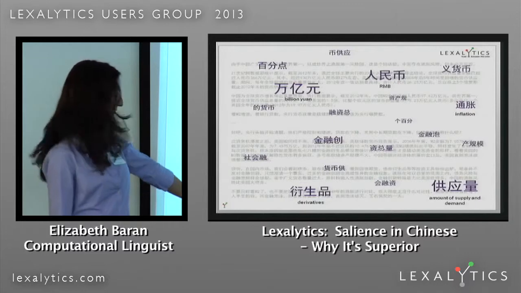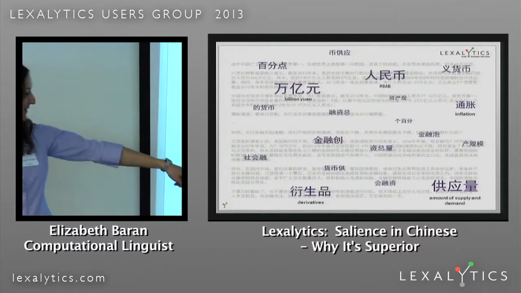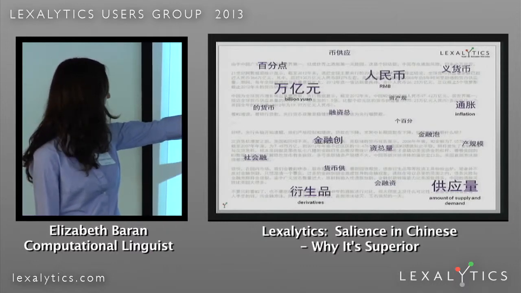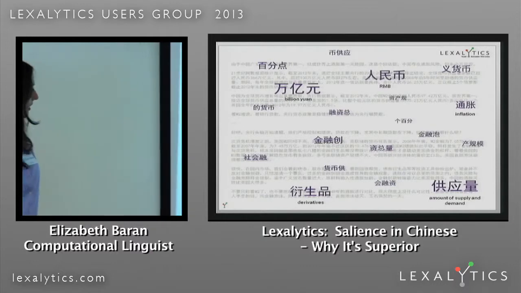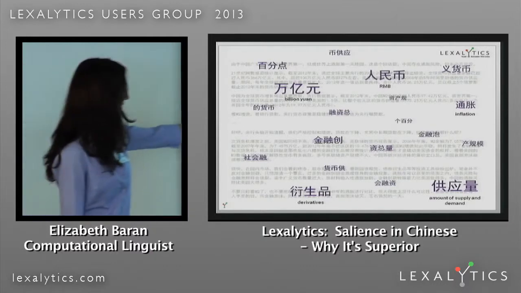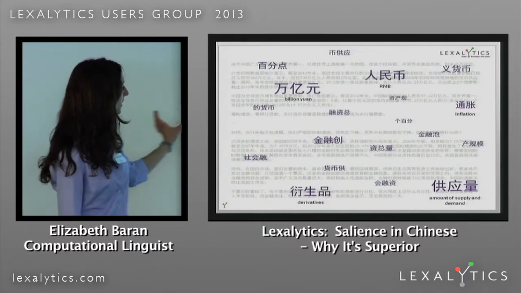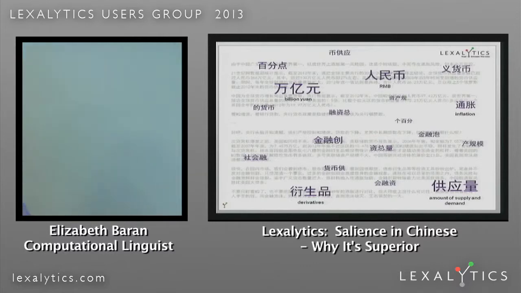Had to look that one up. The amount of supply and demand, inflation. Oh, that shouldn't be there. That's a bigram. But the other ones are just kind of segments of things that you can tell are part of bigger segments. So I didn't translate most of those.